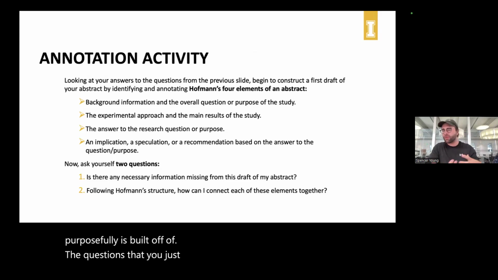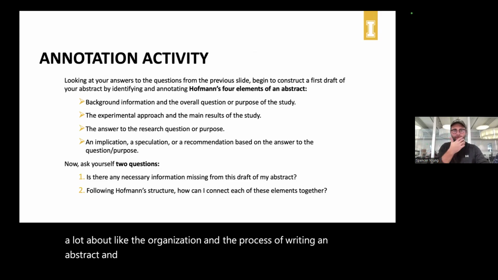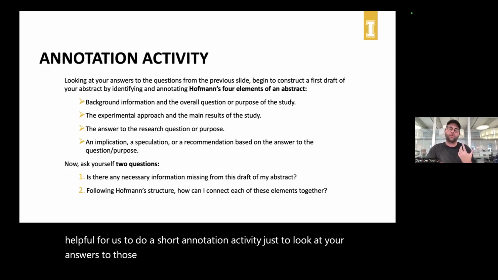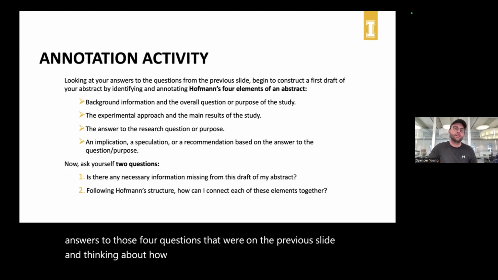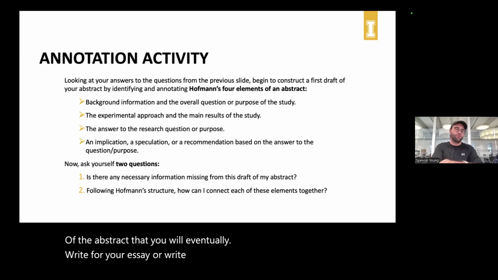Remember, we're thinking a lot about the organization and process of writing an abstract. So I thought it might be helpful to look at your answers to those four questions on the previous slide and think about how they fit into the process of the abstract that you will eventually write for your writing project.